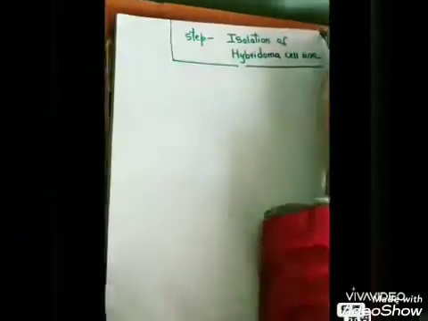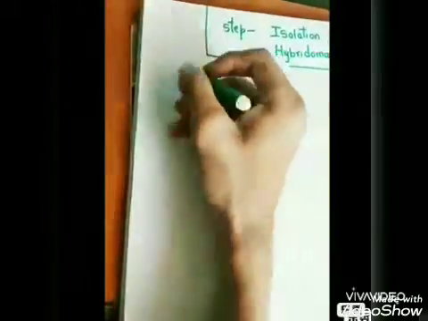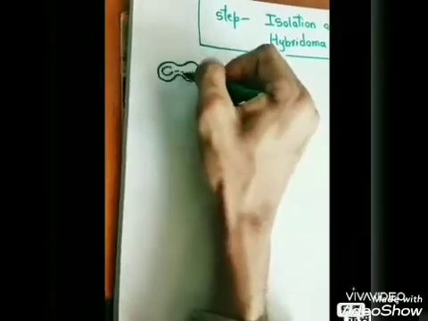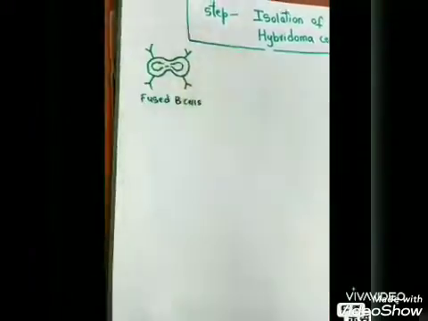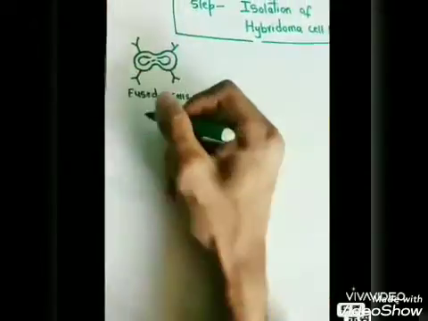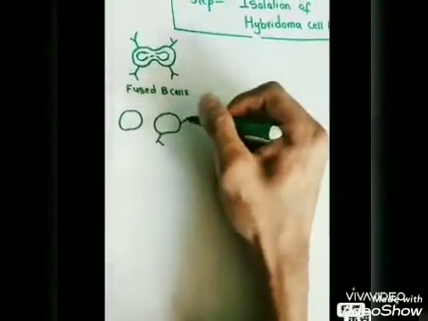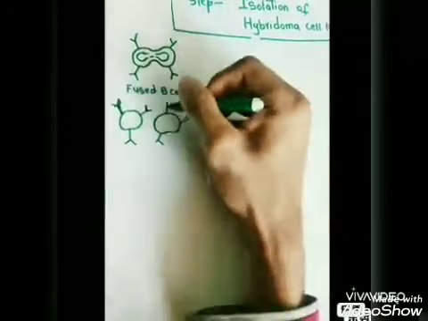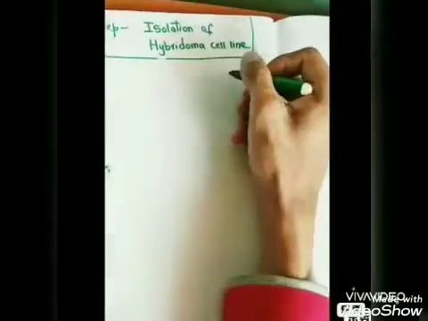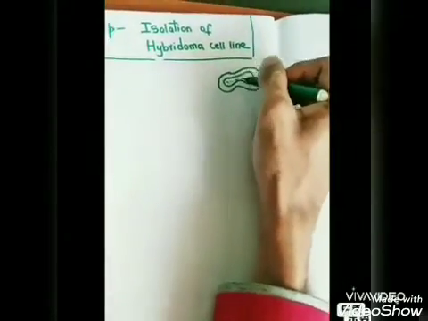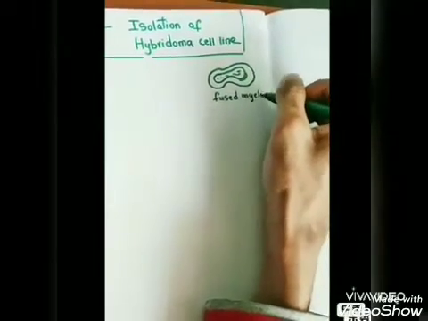After the fusion, you have fused B cells, which we don't want. You have unfused B cells, which we don't want either. You have fused myeloma cells, which we don't want.